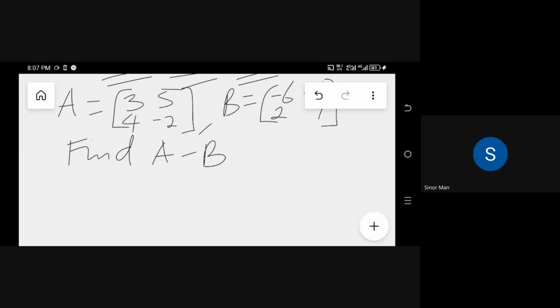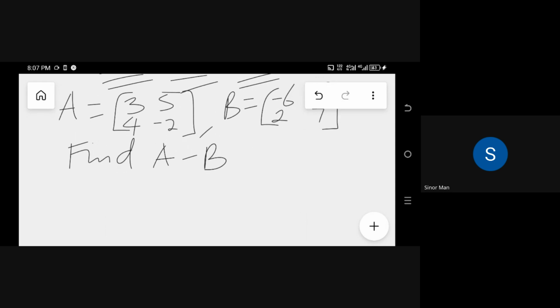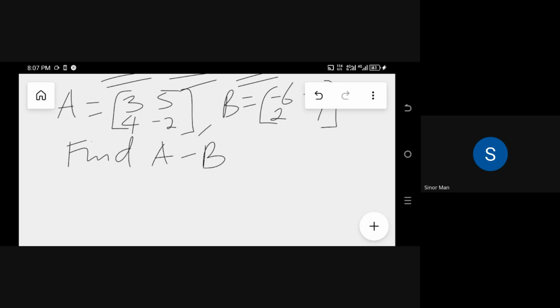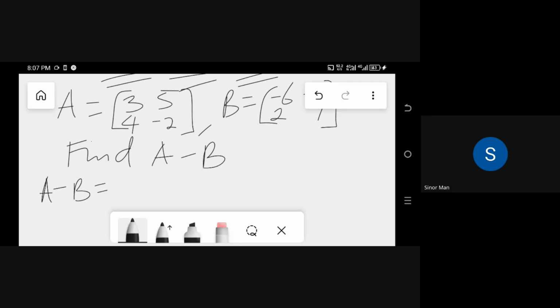So for A minus B, remember you have to deal with elements that are in the same position. You're starting with the elements in A first. So the element in A, that is 3, and minus 6, they are in the same positions in the two matrices. So you have to deal with 3 and minus 6.